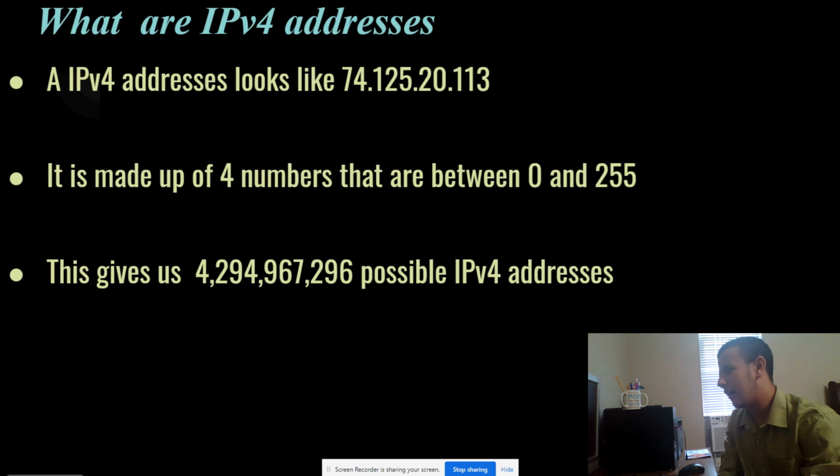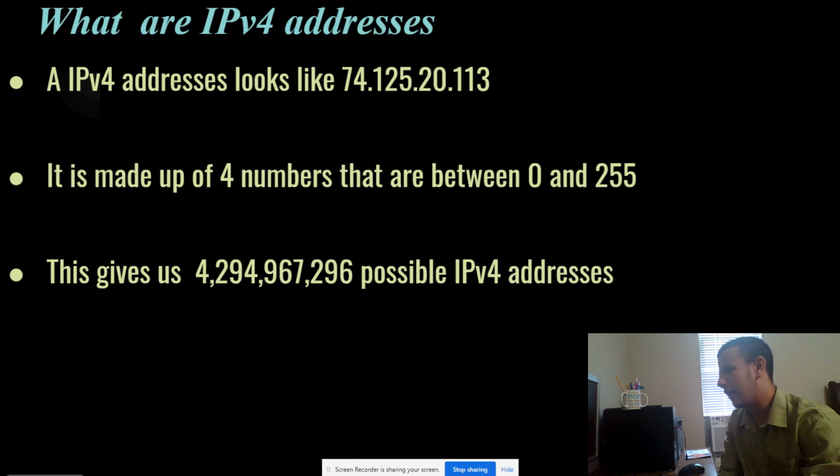Well, we introduce a new version: IPv6. IPv6 is the newer version of IP, obviously. Here are some pictures for you. What are IPv6 addresses, you might ask? Well, an IPv6 address looks something like that.